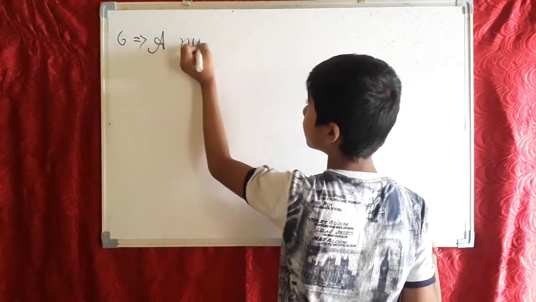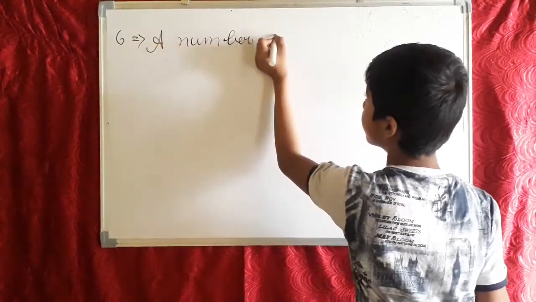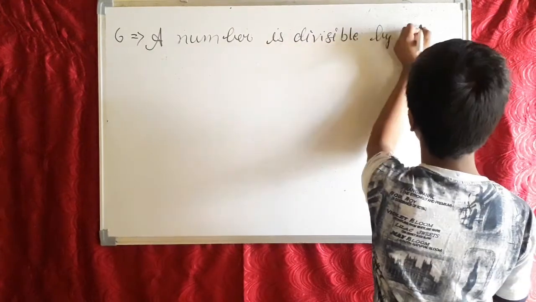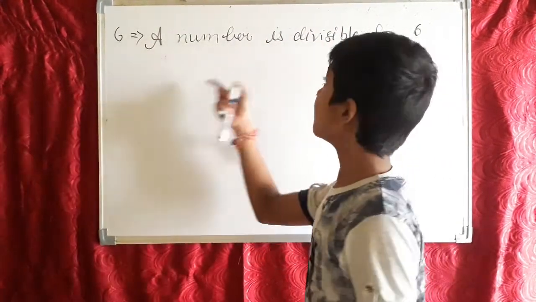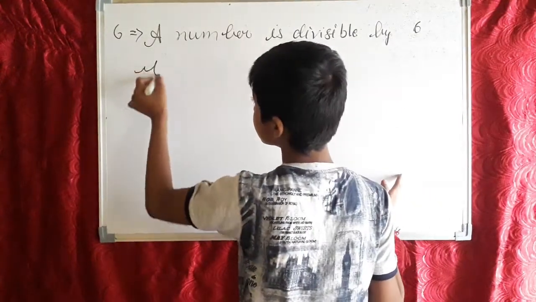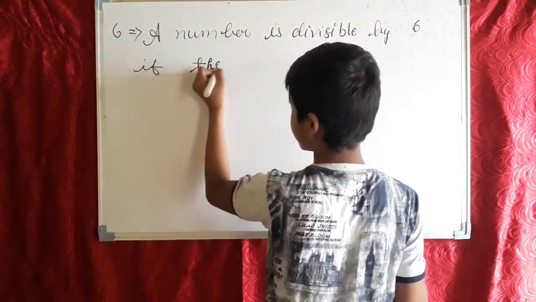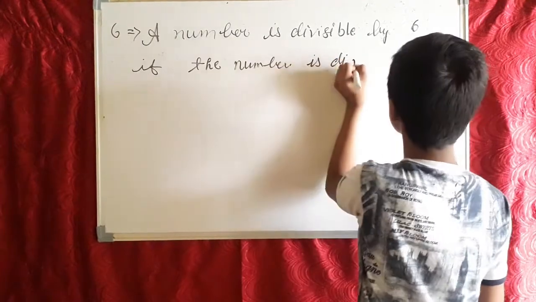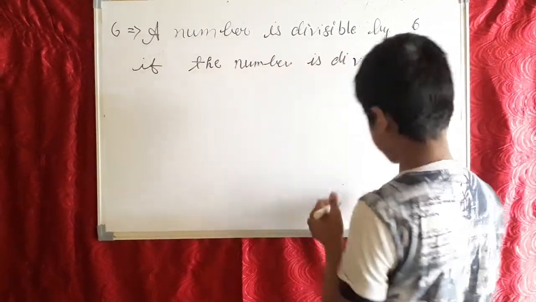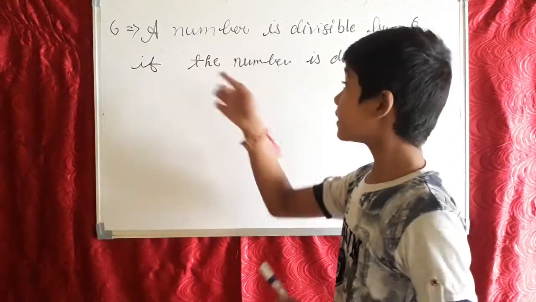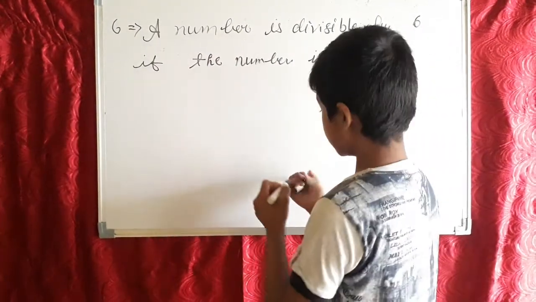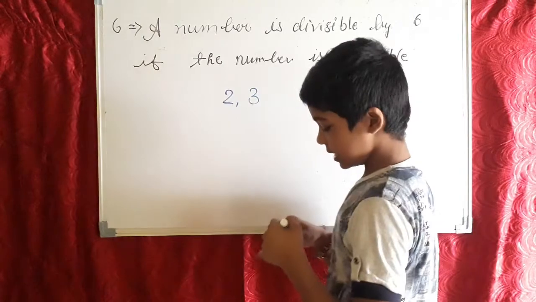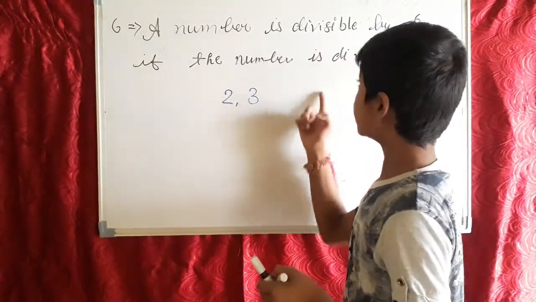A number is divisible by 6 if the number is divisible by 2 and 3, which means a number is divisible by 6 if the number is divisible by both 2 and 3.